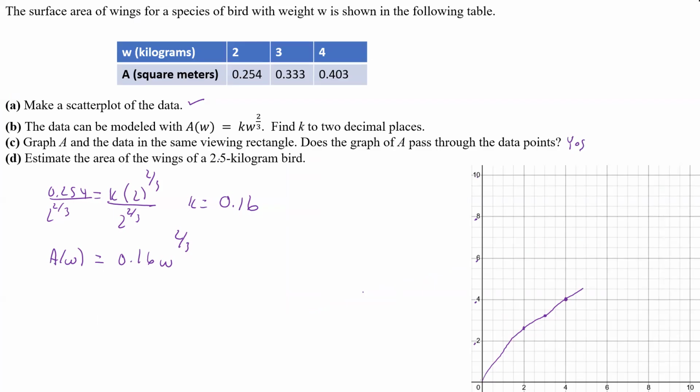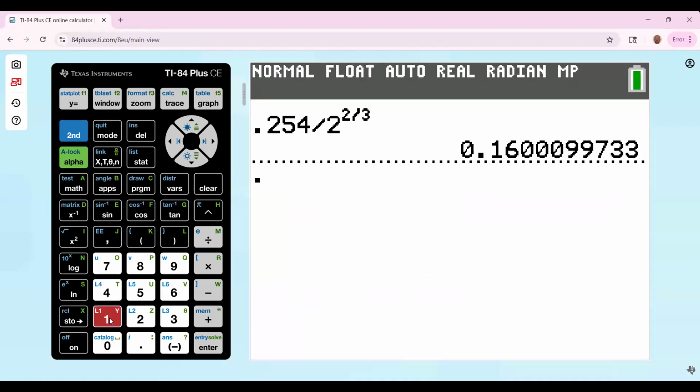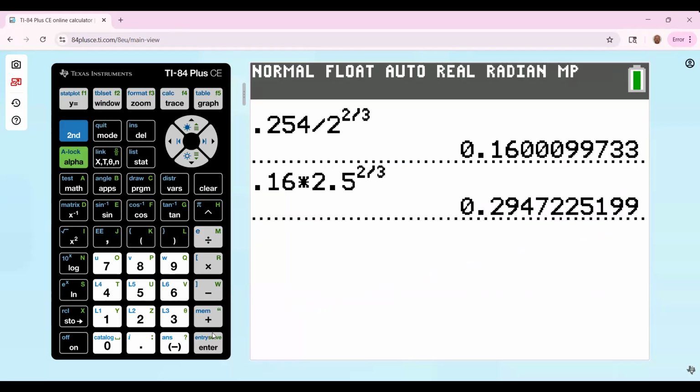Now we're supposed to estimate the area of the wings of a 2.5 kilogram bird. So basically A of 2.5 is equal to 0.16 times 2.5 to the 2/3. Now we plug that into our calculator, and it's going to be 0.29.